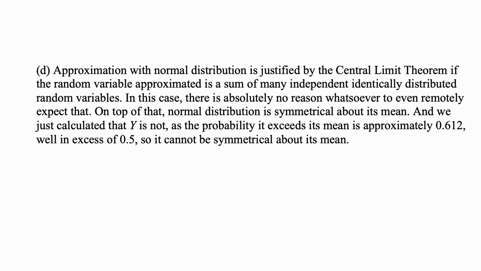But in this case, there's absolutely no reason whatsoever to even remotely expect that. On top of that, normal distribution is symmetrical about its mean. And we just calculated Y is not, as the probability it exceeds its mean is approximately 0.612, well in excess of 0.5. So it cannot be symmetrical about its mean.